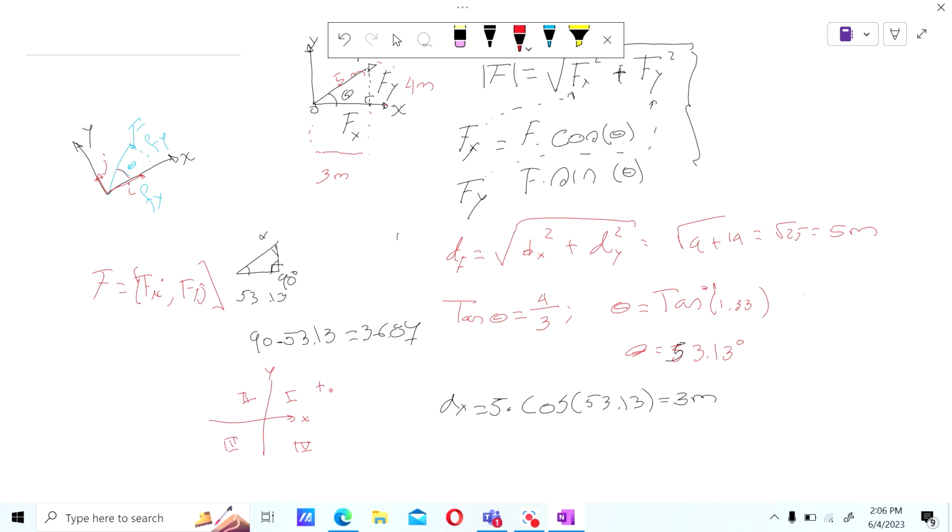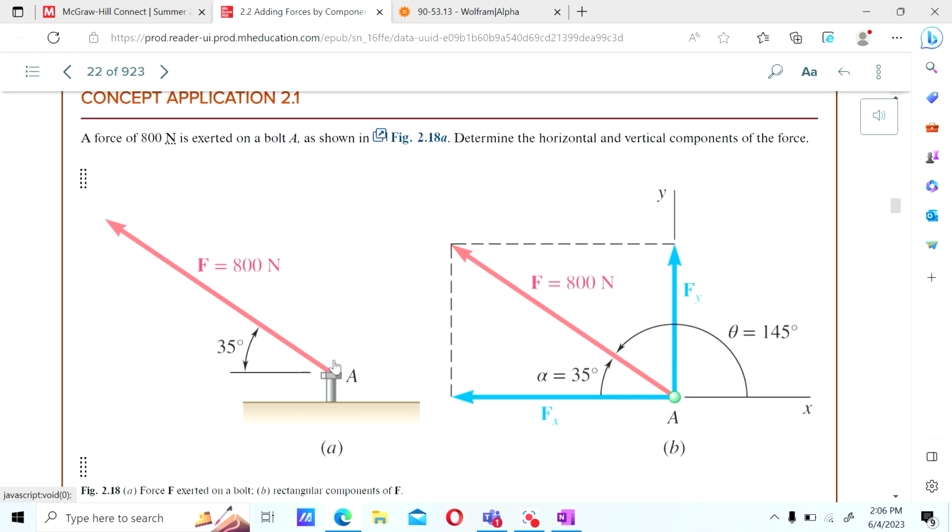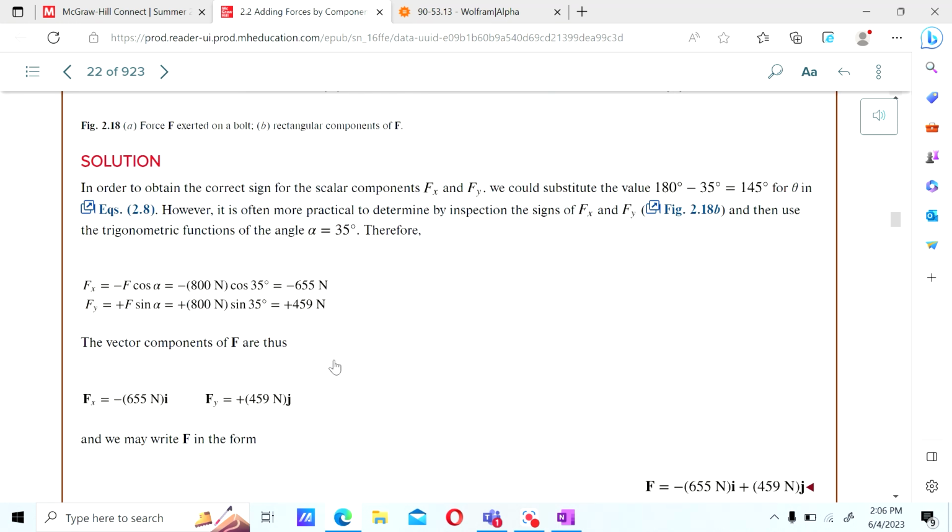Here, x and y are positive. Here x is negative, but y is positive. Here x and y are negative, and here x is positive, but y is negative. Okay, so remember, depending on where this is, my coordinate system in the middle, that's where we are going to have it. Hence, the component in the x direction is going to be negative.